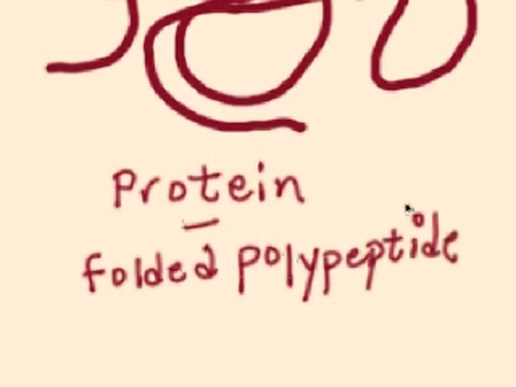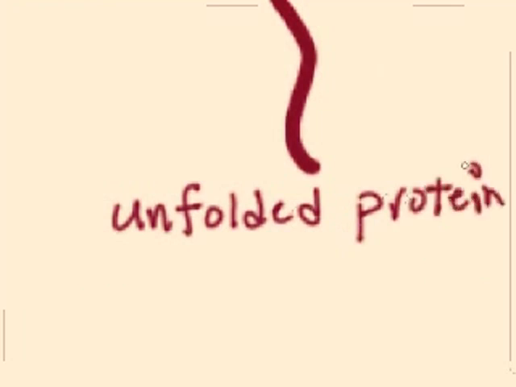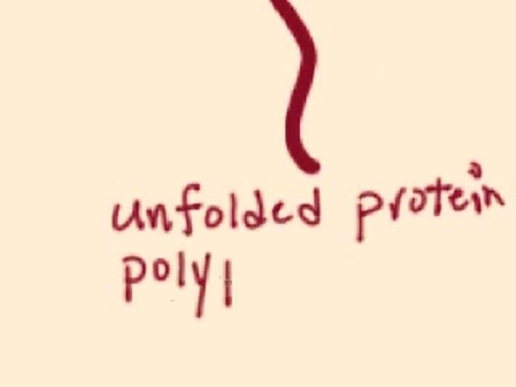And over here we have an unfolded protein. And the unfolded protein can simply be called a polypeptide, and it only has primary structure or secondary structure. So this is just simply a polypeptide.